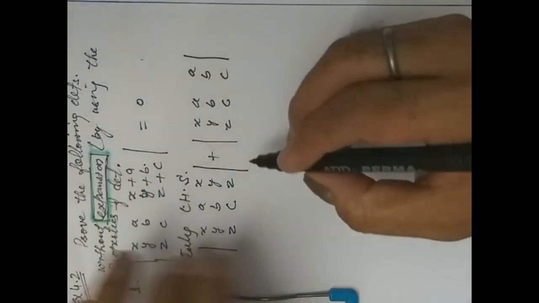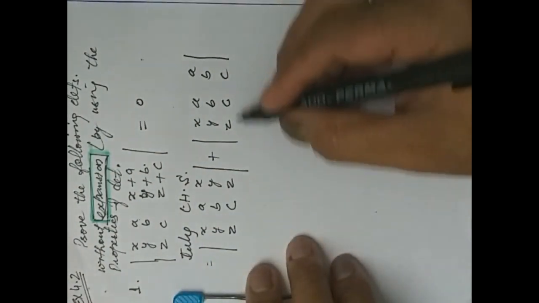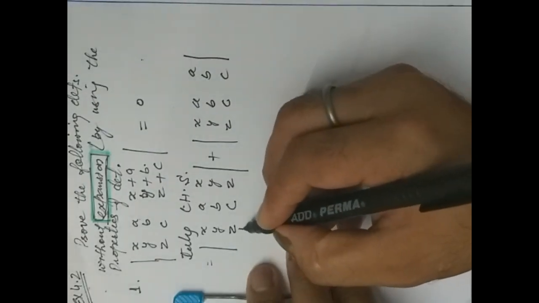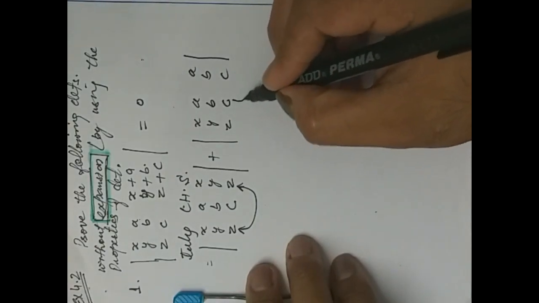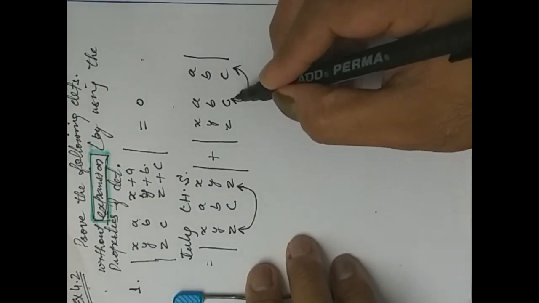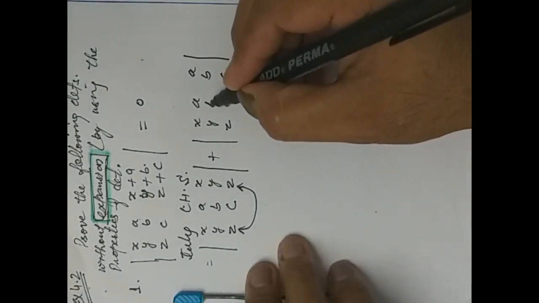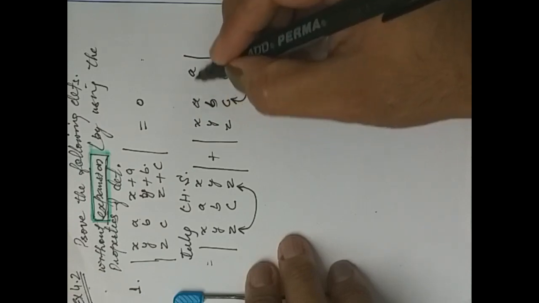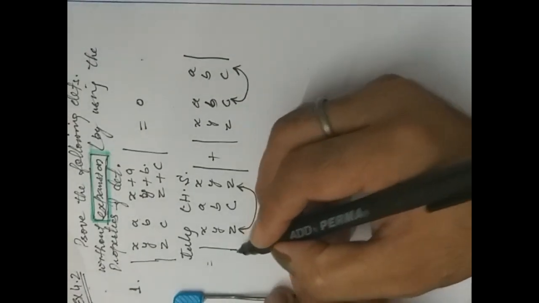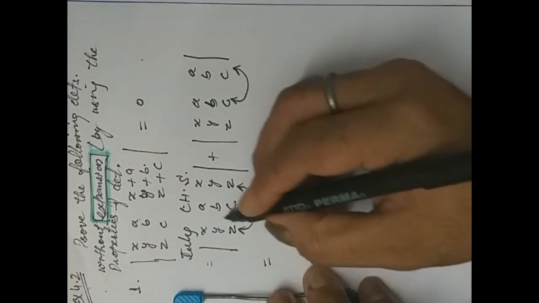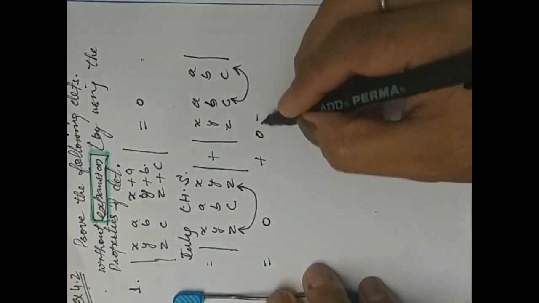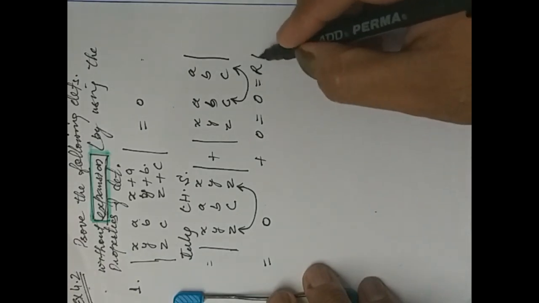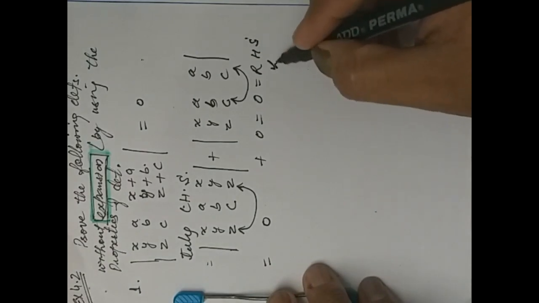Now we had studied another property where if any two rows or any two columns of any determinant are identical, then the value of that determinant is 0. So using that property, its value is 0 plus its value is equal to 0, right hand side, hence proved.